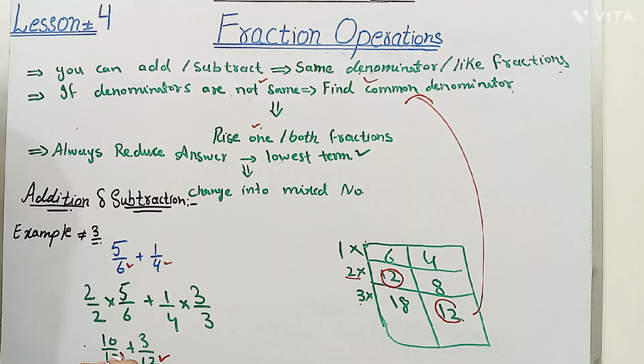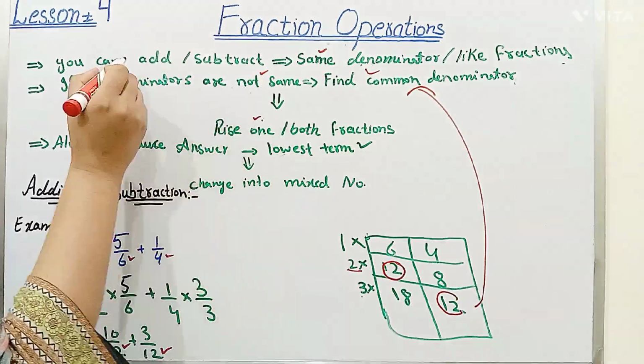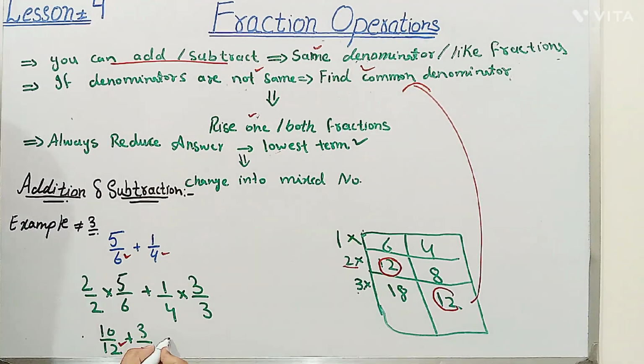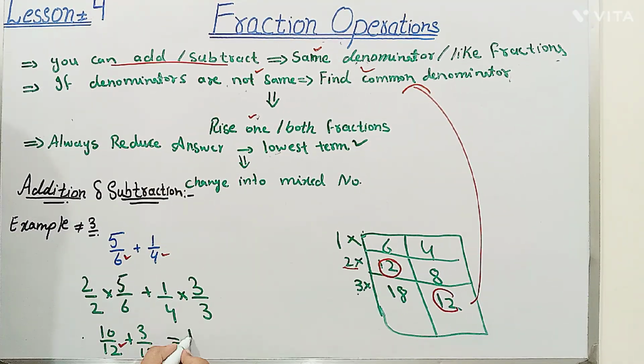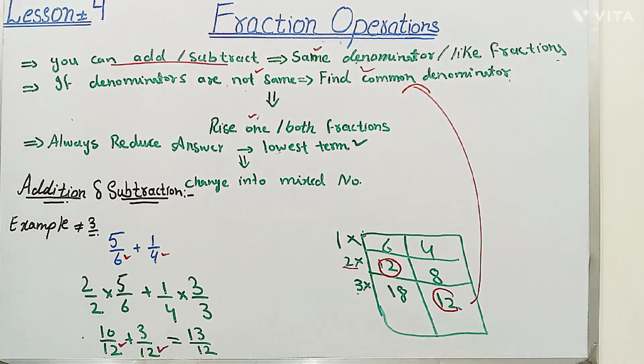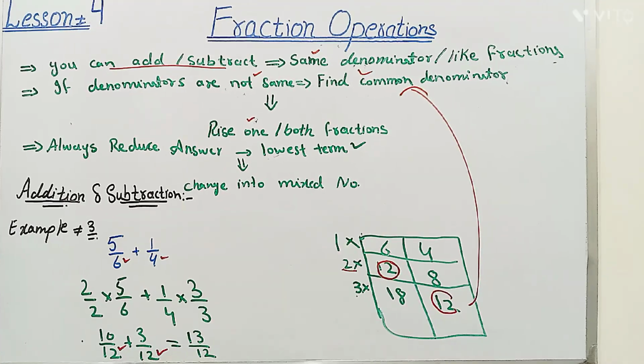Aha! We find the same denominators. Now you can add directly: 10 plus 3, 13 over 12.